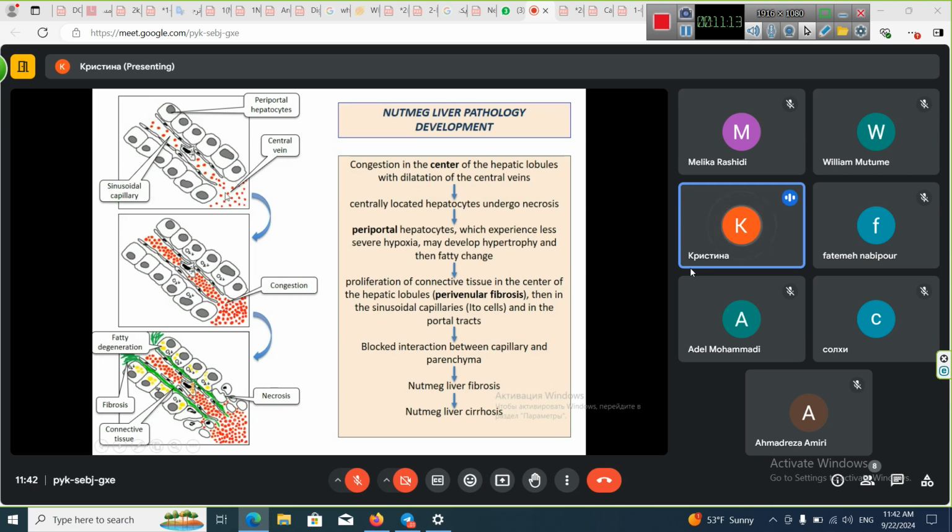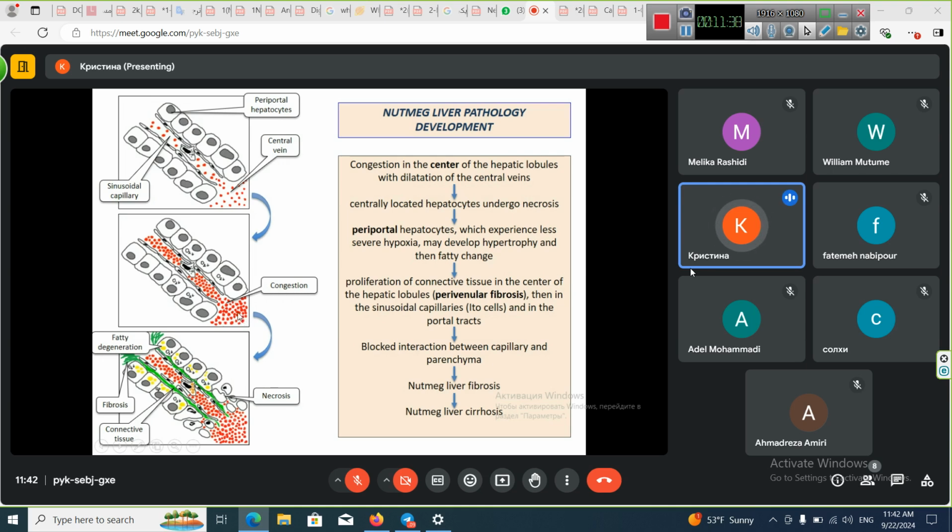So the first picture shows what is normally happening in the liver, and then congestion happens. So there we see the increase in the amount of blood, red blood cells. Why? Because they cannot go further from the liver towards the heart.